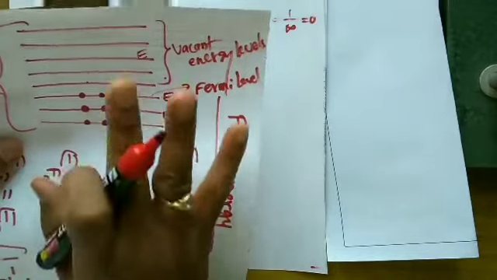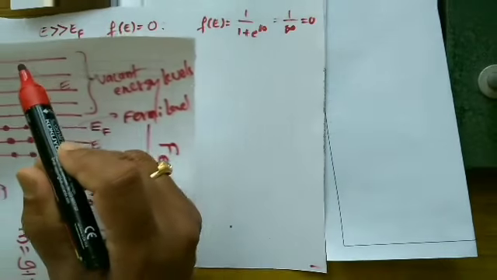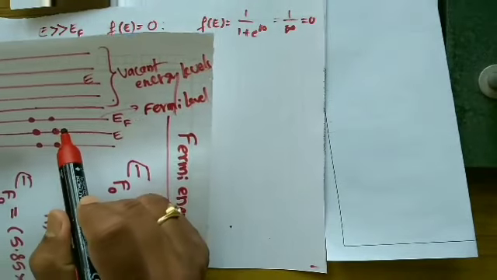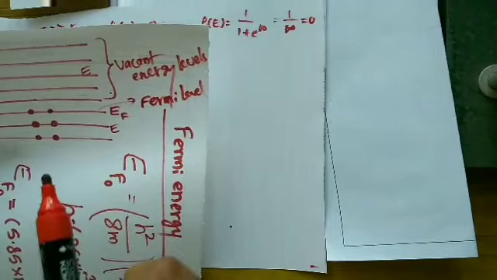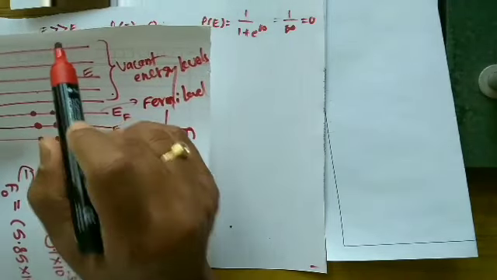That is the meaning of this calculation. If an energy level is considered well above the Fermi level at temperature different from 0 degree absolute, then that energy level is definitely vacant.